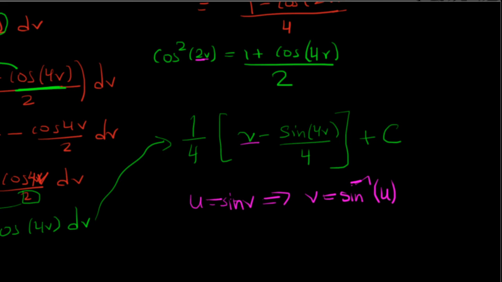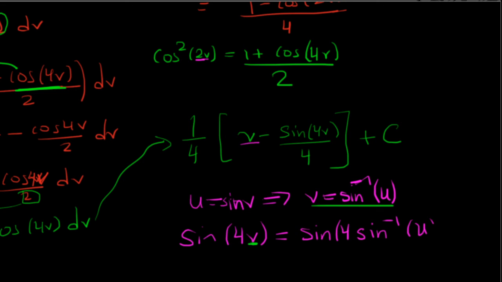Next, we want the sine 4v. Well, I don't have sine 4v. So we're going to be a little clever here. Sine 4v is sine of 4, and then the v, so this v is going to be replaced with this v right here. So it'll be sine 4 times inverse sine of u.